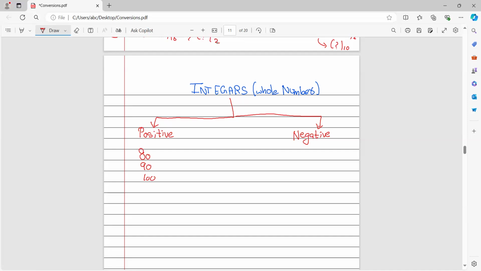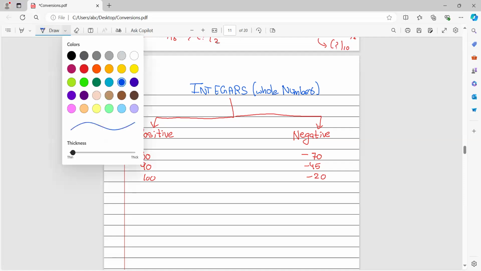Yes, sir. But we have not discussed what if you have a number that is minus 70, minus 45, or minus 20. We have not discussed how we are going to convert these. This is what we are going to discuss in today's class: if you have negative terms and wish to convert them, what procedure you are going to use.